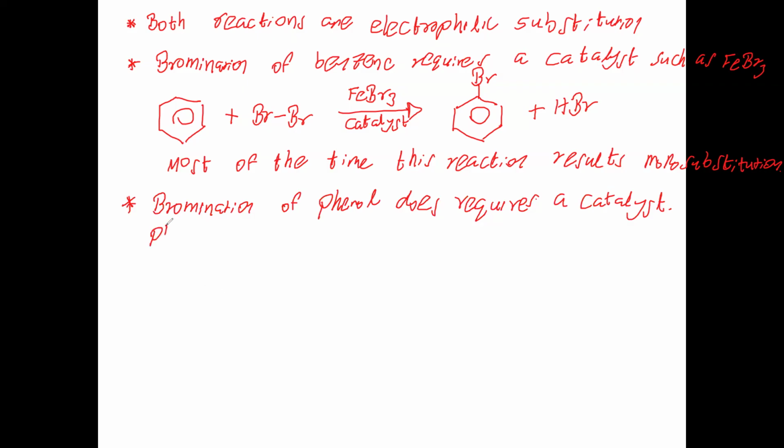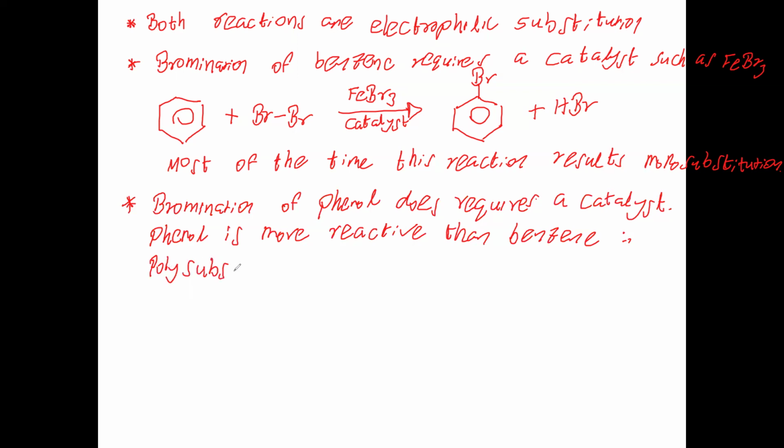Phenol is more reactive than benzene. Therefore, polysubstitution will take place. Polysubstitution means more groups will attach to the benzene ring.